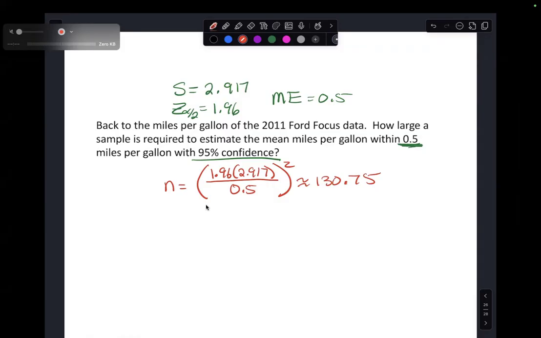So that means our N has to be 131. We'd need 131 different people to tell us their average miles per gallon on their Ford Focus in order to get that margin of error and that confidence. Questions?